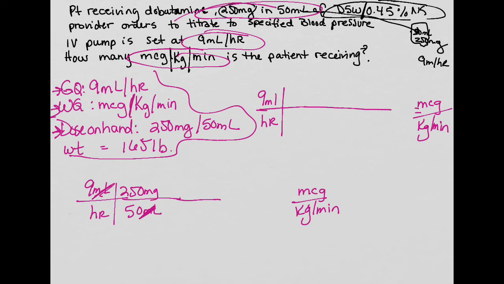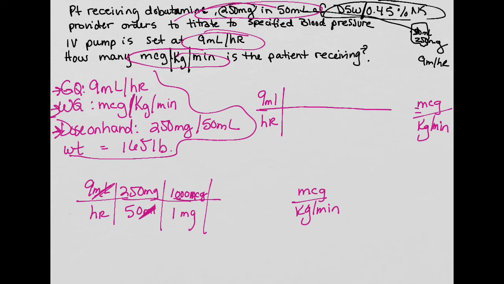So the next step I'm going to do is I know that there is 1,000 micrograms in 1 milligram. Remember those little conversions that was on the first video? If you haven't watched that, 1 milligram to microgram, you just move the decimal point over 3 spots and you get your 1,000. That's how I get to micrograms.